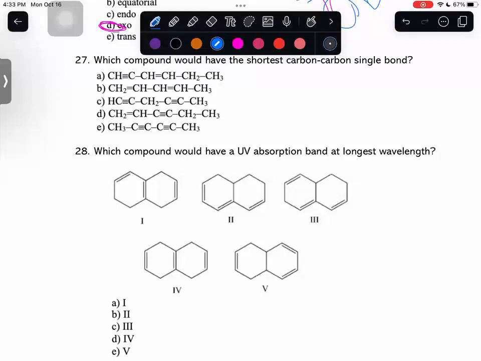E. What do we think? 27, 27. So yeah, your elephant is going to be correct again. Option E is the answer in this case.